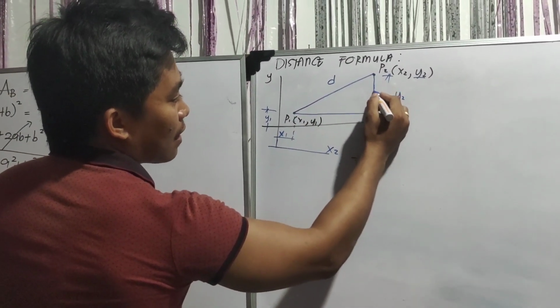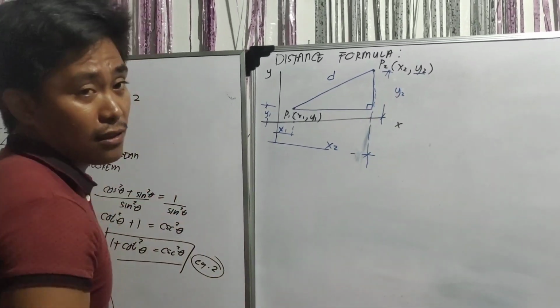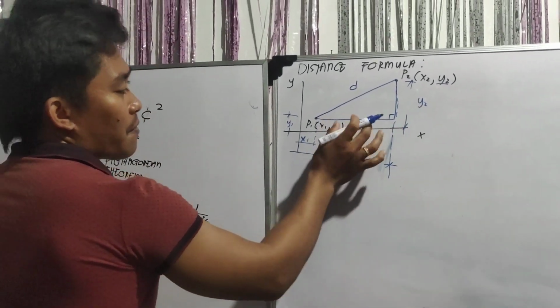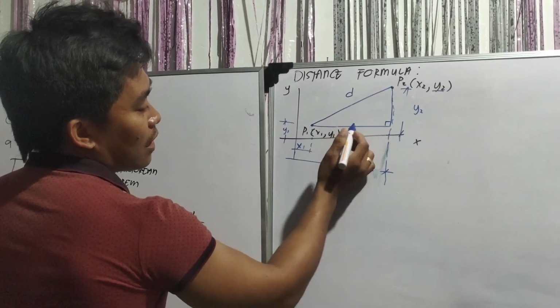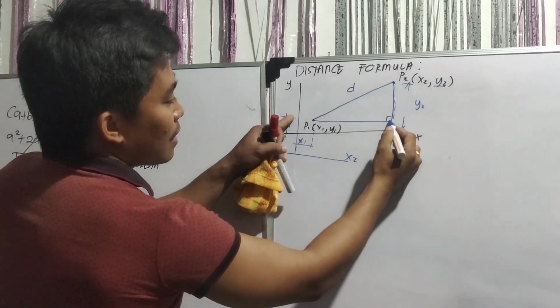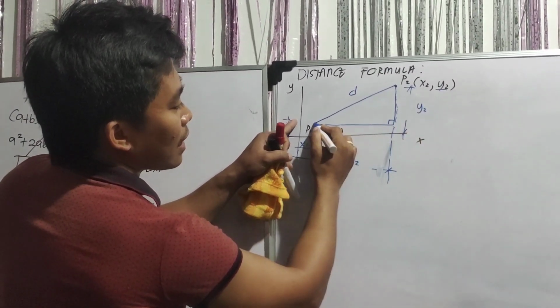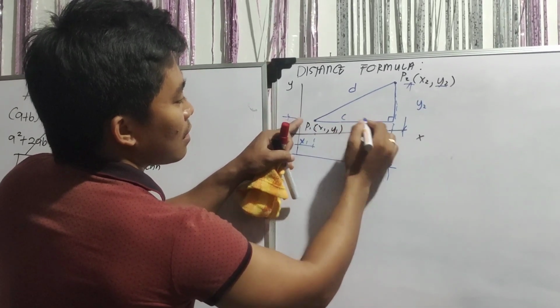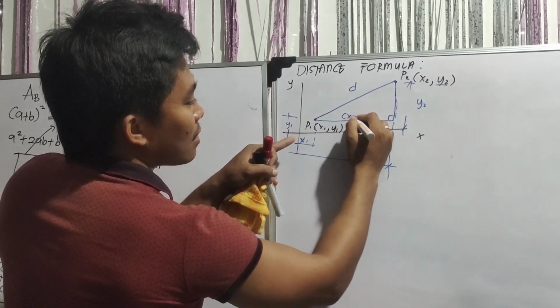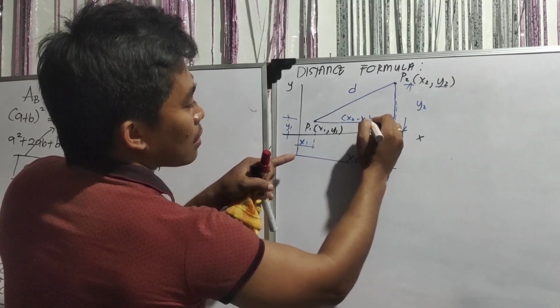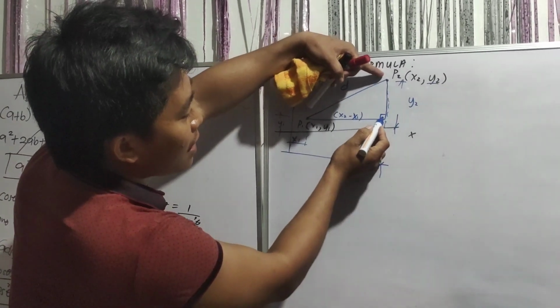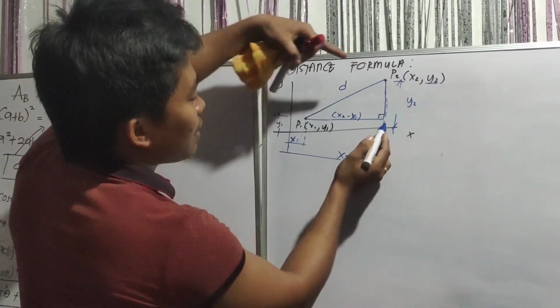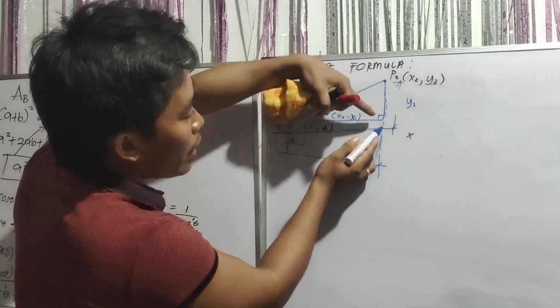Now, can you see this right triangle? Yes. Okay. This horizontal leg is simply the difference x2 minus x1. So we can simply say that this leg of the right triangle is x2 minus x1. How about this vertical leg? Of course, this is the difference y2 minus y sub 1.